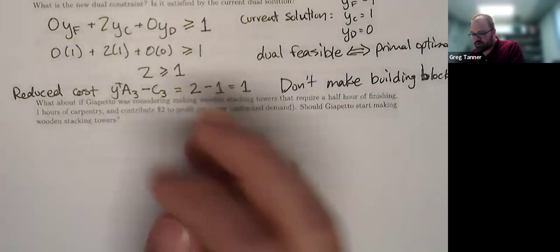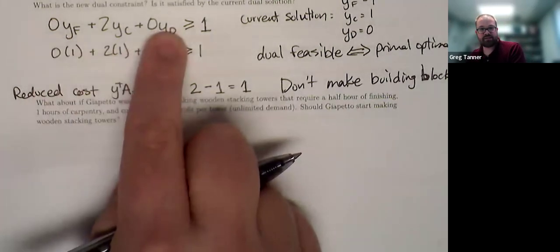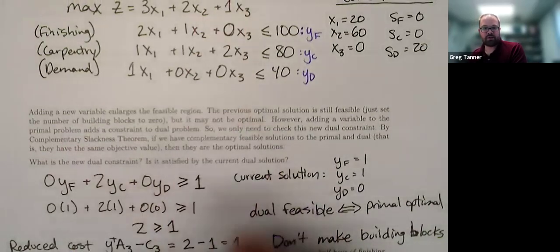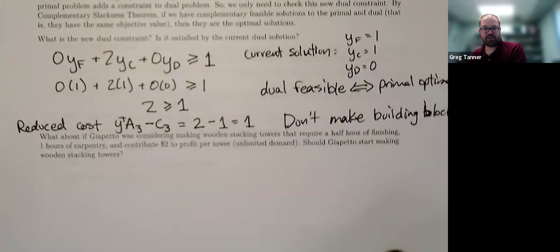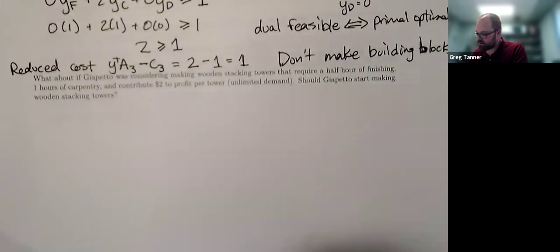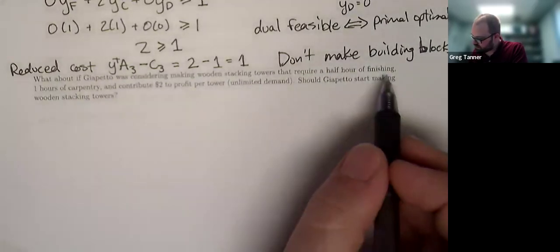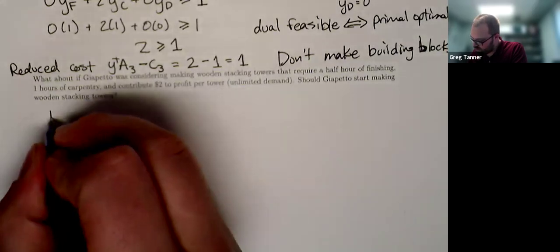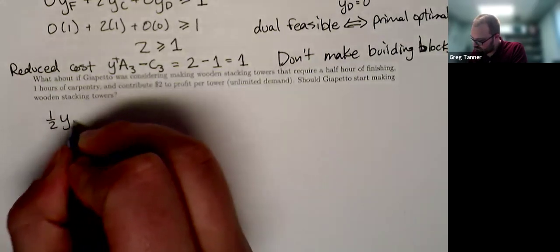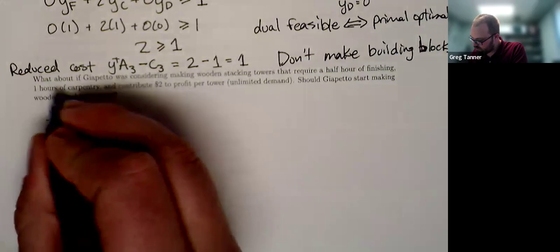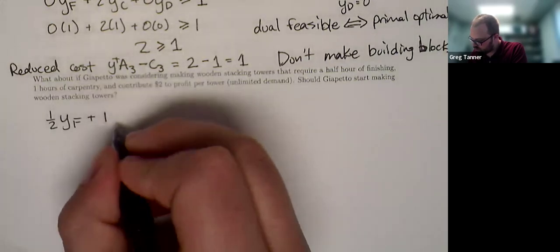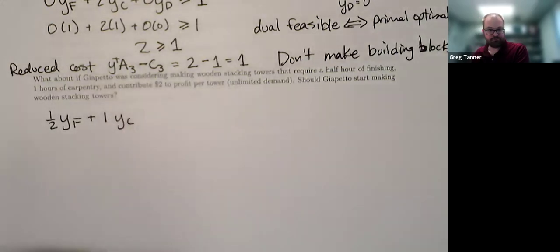We'll just jump straight to this stage instead of having to write out the full new constraints here. It takes half an hour of finishing, so 1/2 times y finishing, plus 1 hour of carpentry, so 1 times y carpentry.